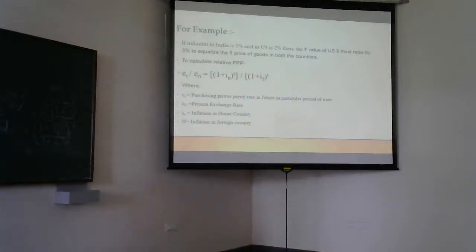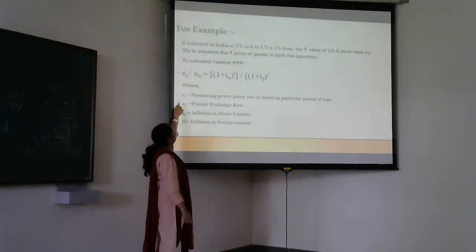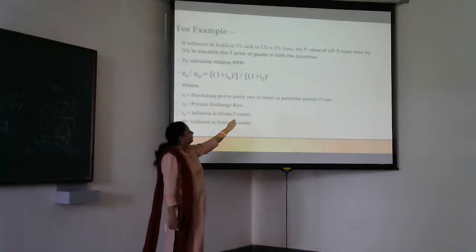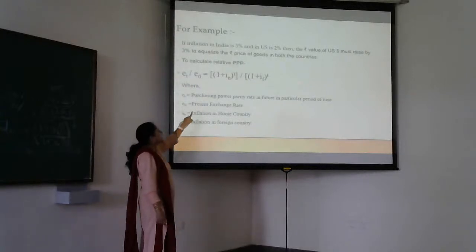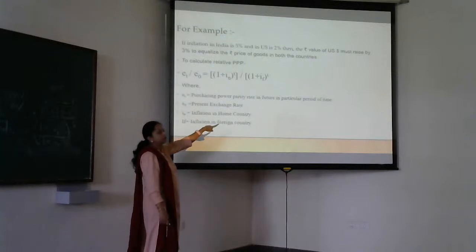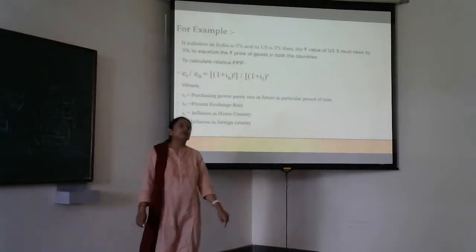So to calculate relative purchasing power parity, this is the formula that we are following. ET represents the purchasing power parity rate in the future, in a particular period of time. E0 is the present exchange rate. IM is the inflation in the home country. IF is the inflation in the foreign country.